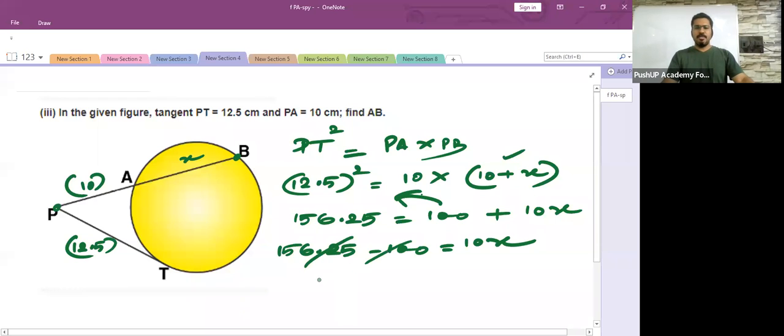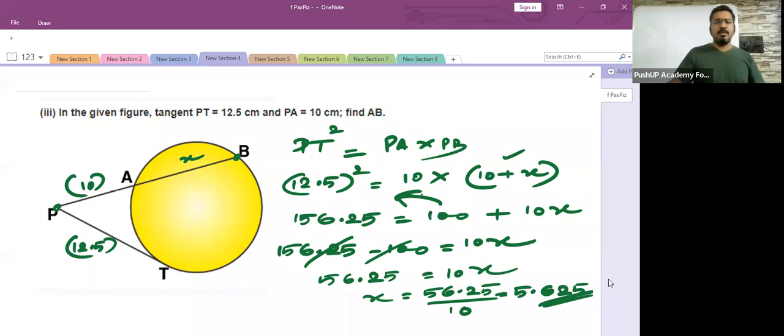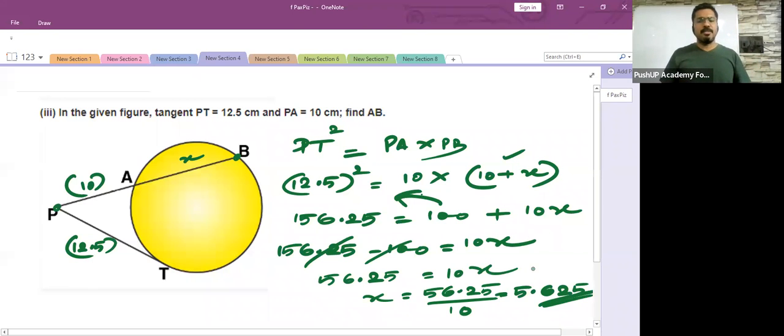How much is the difference of these two? 56.25. That is equal to 10x. Therefore, x will be equal to 56.25 divided by 10. And that would be 5.625. This is the answer, children. X is equal to 5.625.